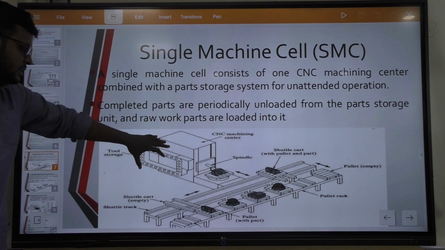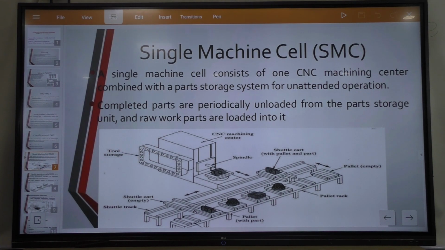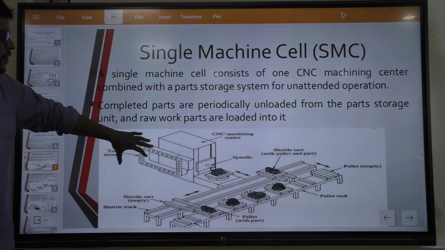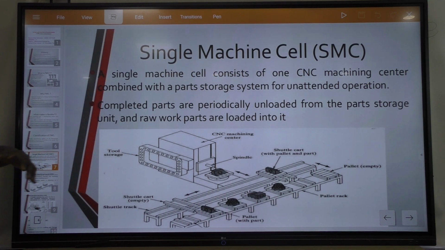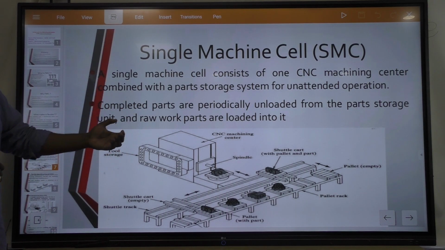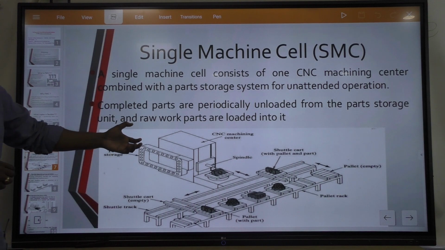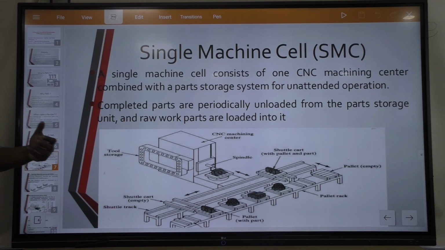This is a part storage system for unattended operations. Whatever operation you require, suppose you have to do a facing operation, so for that you have to use a face mill tool. So that will be available on your tool storage.